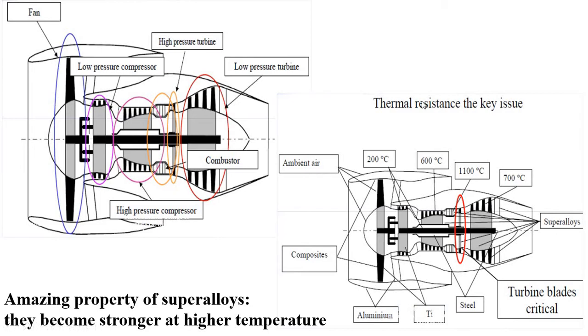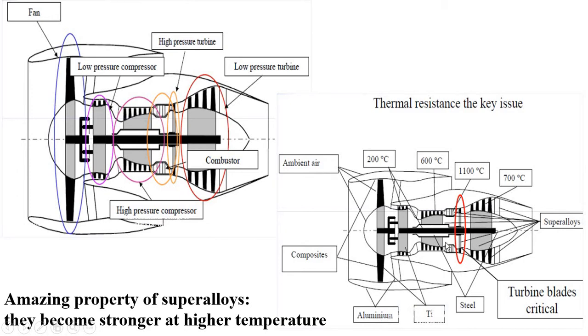And see this: what is the temperature developed inside this jet engine during operation? Here the fan area is subjected to ambient air, so it will be atmospheric temperature. But when the air enters here, it has a temperature of 200 degrees Celsius.